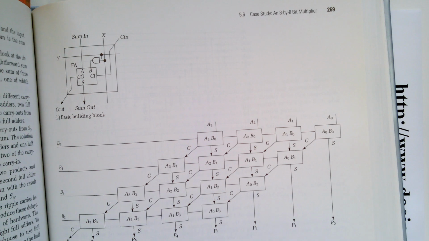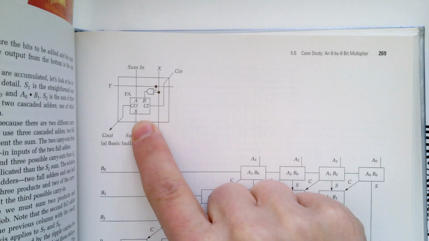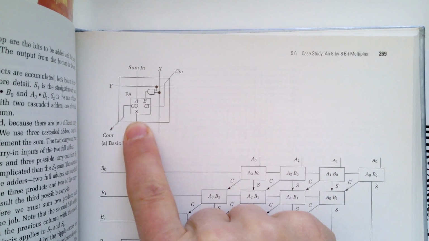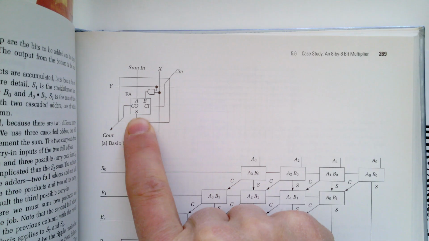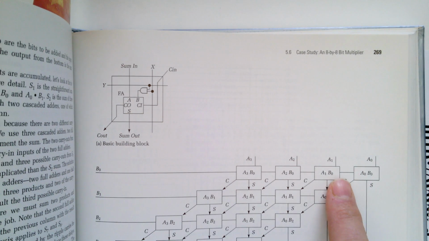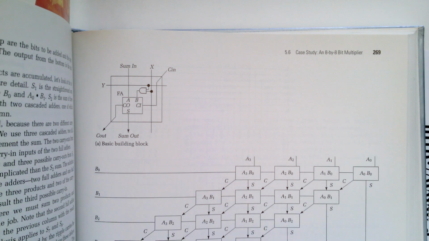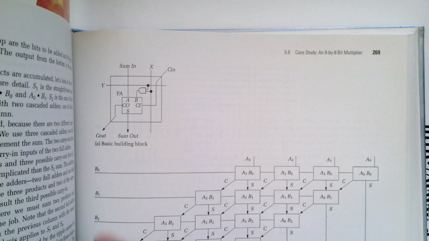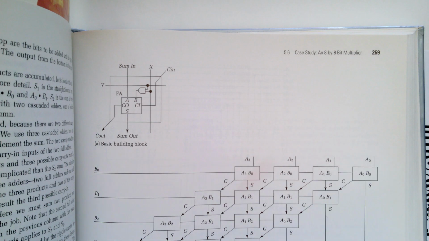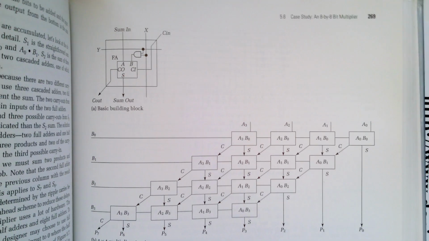So you have an AND operation coming in. A full adder for the partial product addition, and those things are effectively allowing you to multiply this side with that side. And so it's a hardware matrix, right?